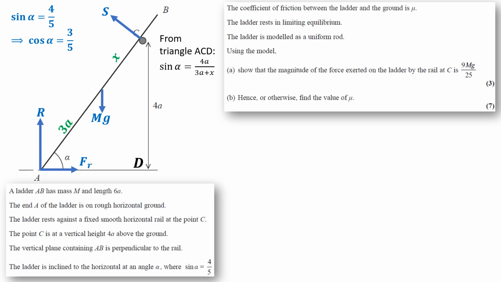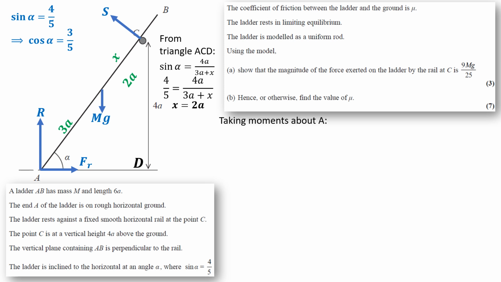So if sine alpha is opposite over hypotenuse, but sine alpha is also 4/5, then it doesn't take much rearranging to discover that x is equal to 2a, which kind of makes sense. That means the opposite side is 4a and the hypotenuse is 5a, and 4a over 5a is 4/5. So they've designed the numbers to work quite nicely, and it means now I can replace x with 2a.